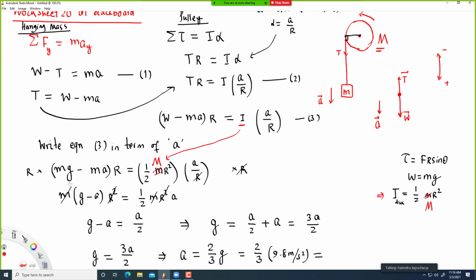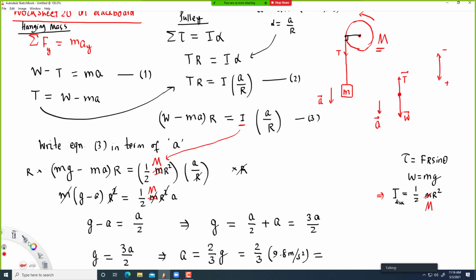So let's see. I cannot cancel this M now, so keep that as it is. Here I need capital M. I'll just redo the steps from this part so that you don't get confused.